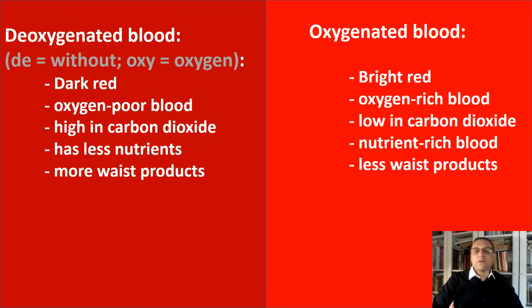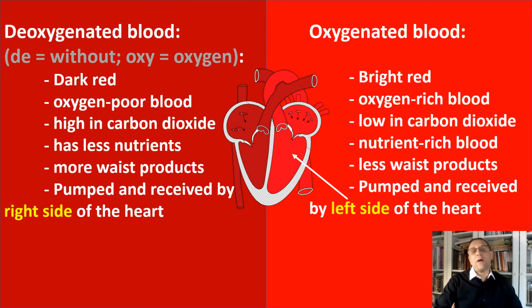Blood in the arteries carries oxygen and nutrients to the cells. As cells use the oxygen and nutrients delivered by arteries, they create waste products, including carbon dioxide. This is why deoxygenated blood has fewer nutrients and more waste products. So after oxygenated blood goes through the tissues, it becomes deoxygenated.